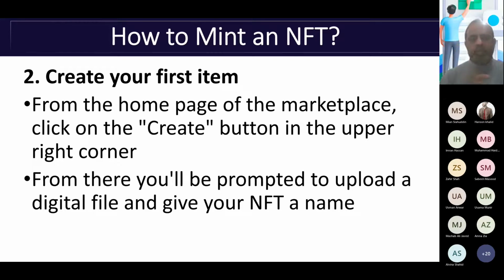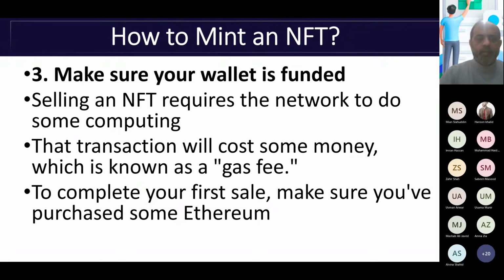All you have to do is create, upload the digital file, but then you have to put in a little money, and this is where the catch is. Because it is on a public blockchain, it will execute a smart contract, and once all the nodes in the Ethereum network are executing a smart contract, you have to pay a gas fee, depending upon how complex your smart contract is and how much time it will take to execute.